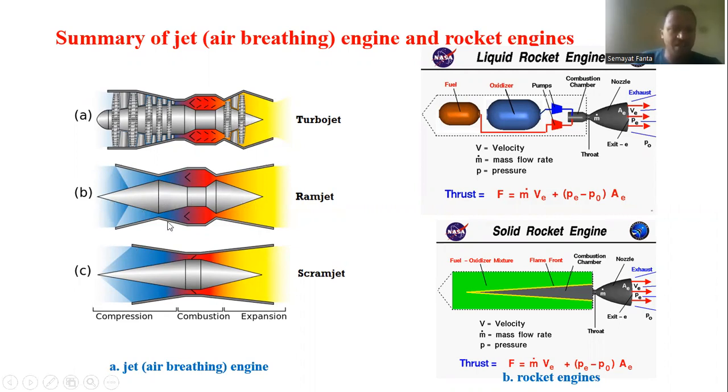The diffuser of the ramjet and the diffuser of the scramjet are different in construction. Okay, so there is some oblique shock wave in this case, and then afterwards there are normal shock waves. These are some oblique shock waves at the very beginning, and then normal shock waves are produced.